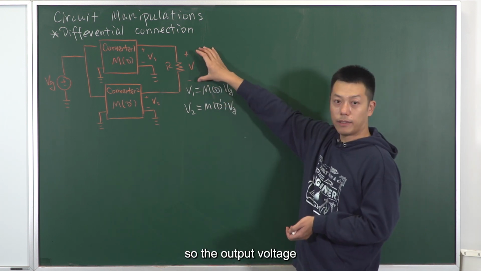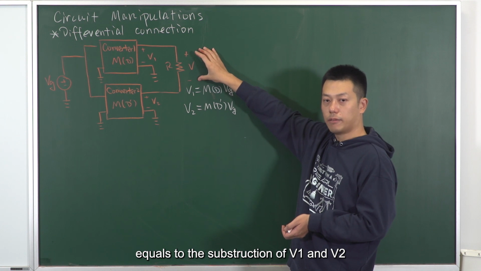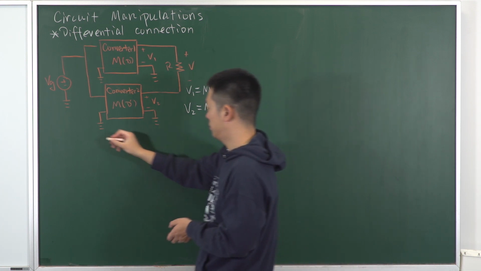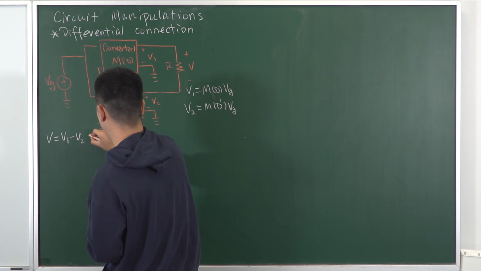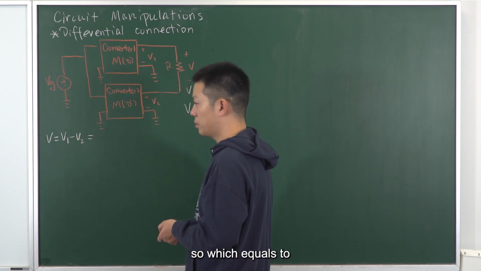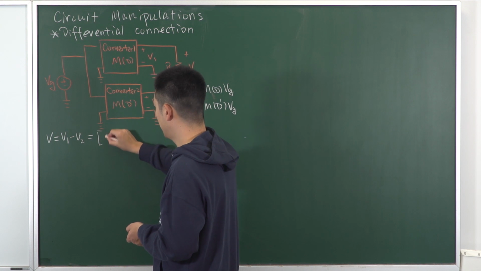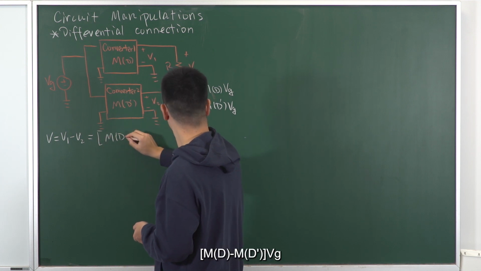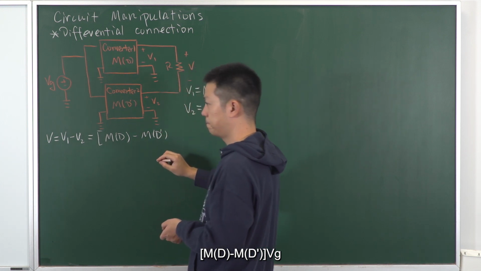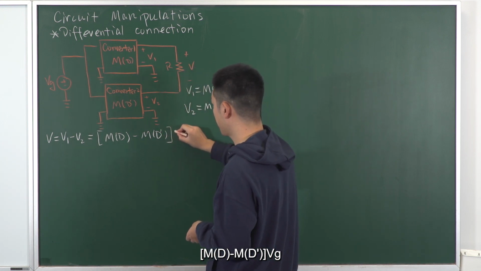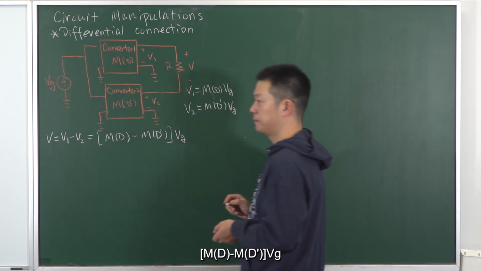So the output voltage equals the subtraction of V1 and V2, which equals M(D) minus M(D prime) times the input voltage.